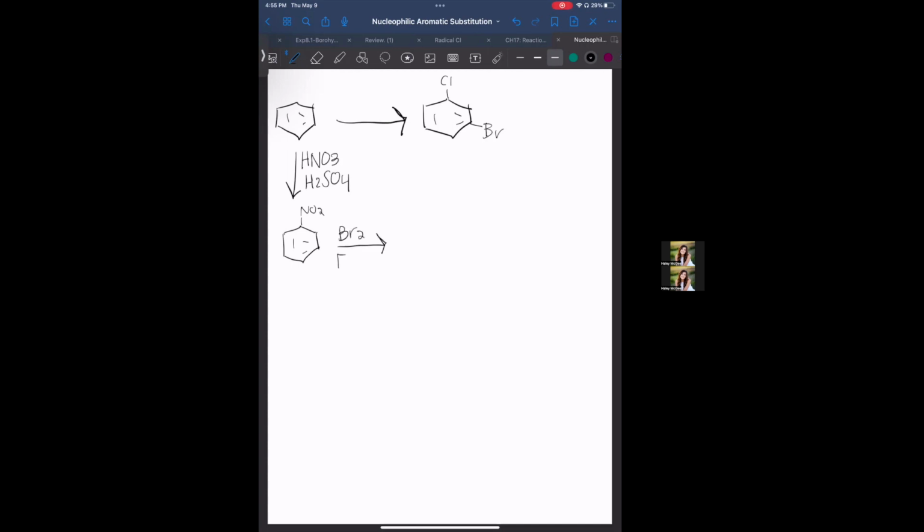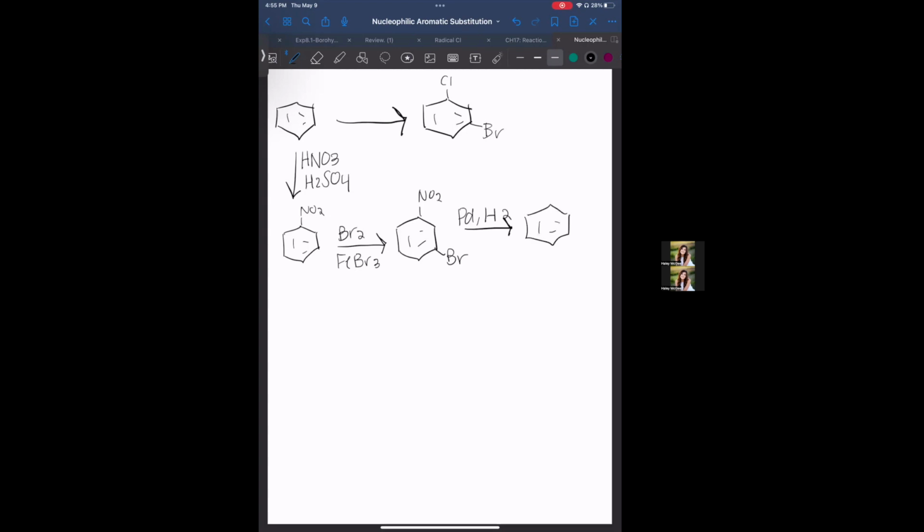So Br2, FeBr3. And now we've got our NO2 and our Br in the meta position. So now we can get ready to do our Sandmeyer with our NO2.